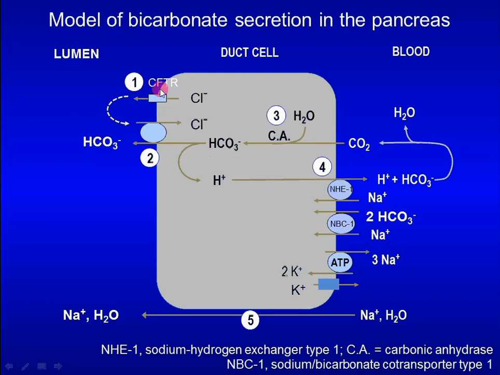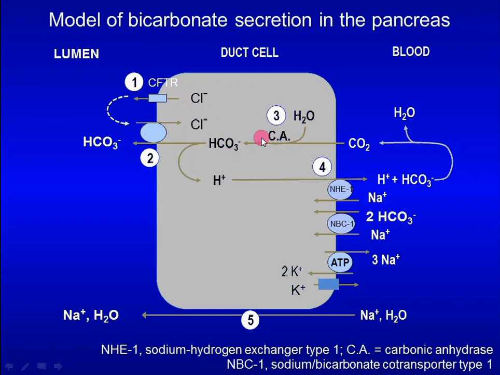CFTR is regulated by secretin. Secretin increases cyclic AMP level in the ductular cells and opens CFTR, whereby secretin increases bicarbonate secretion. Bicarbonate is derived from 2 sources.